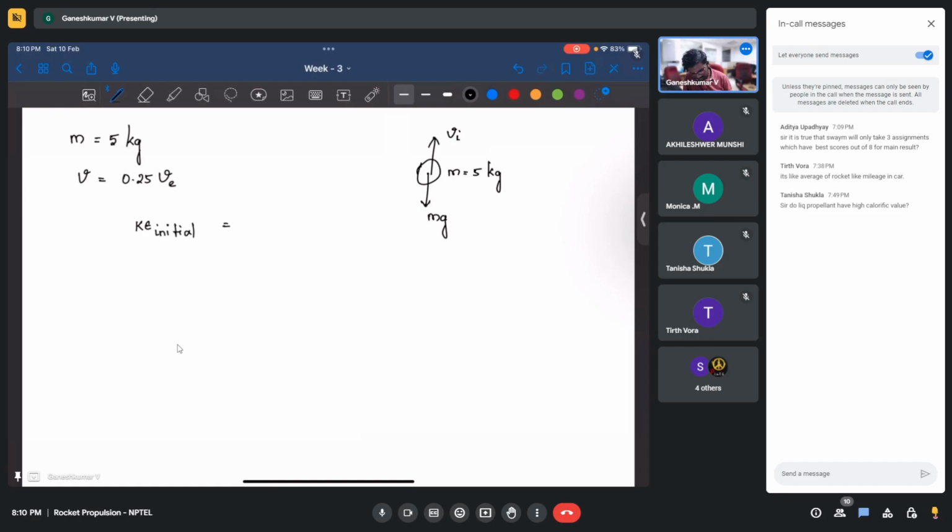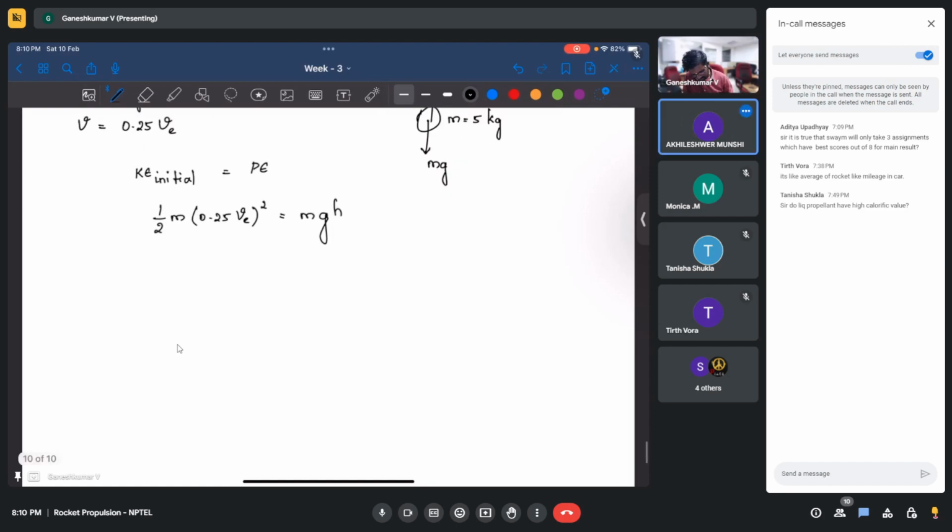Is that how you did it? Yes, sir. This h is what we were asked to find. So h is 0.25 ve square divided by 2g.